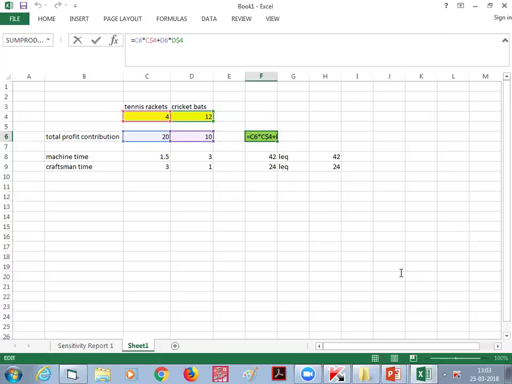The right-hand sides are fixed values. These are functions of x1 and x2. So the moment you fix the values of x1 and x2, automatically they'll be updated.